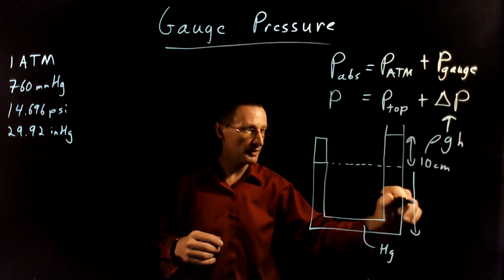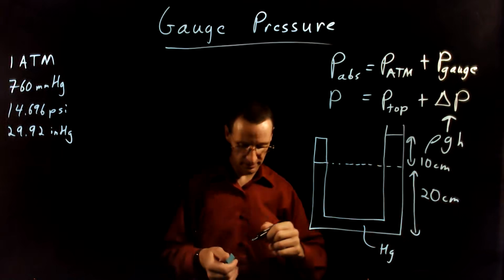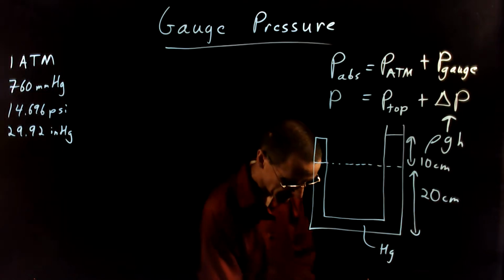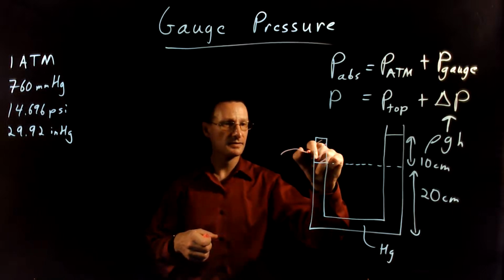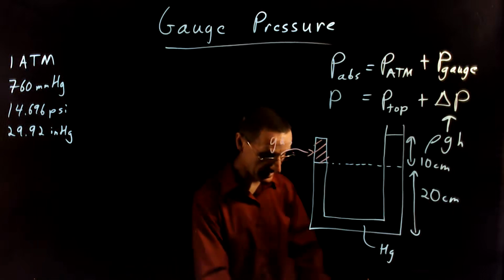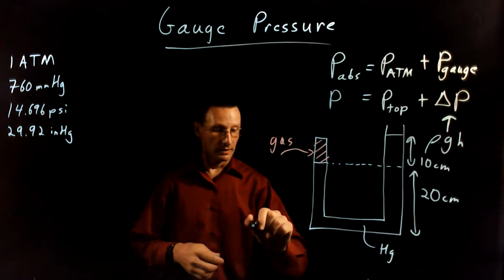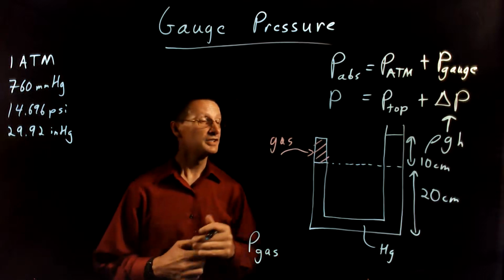And then the depth on this side, there's 20 centimeters of mercury here, which is 200 millimeters. Let me just draw the gas here. And so we want to know the pressure of the gas in gauge pressure. Okay, so how do we do this?